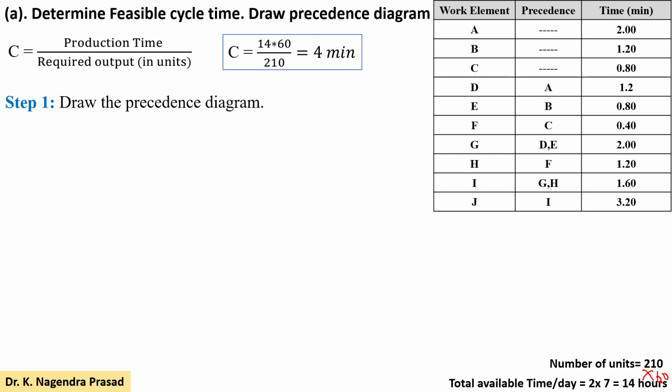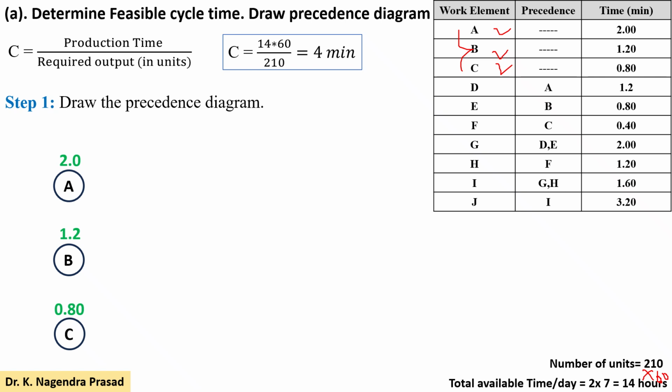Work elements A, B and C have no immediate precedence, so these are the starting elements. I start with these three work elements and represent their processing times. For work element A the time is 2.0, for work element B it is 1.20, and for work element C it is 0.80 minutes.